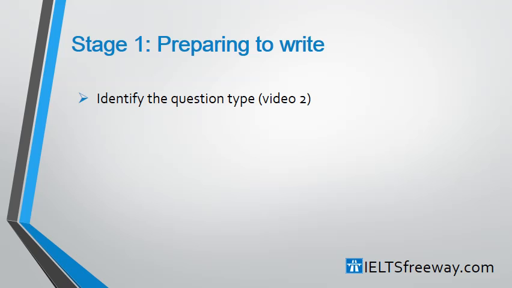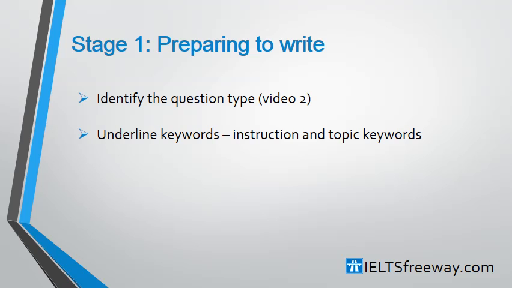Secondly, you need to underline keywords, and that includes instruction words like describe, give reasons, or provide examples, or discuss. They are instruction words, but also the topic keywords as well. What are the keywords on the subject that it's actually about?